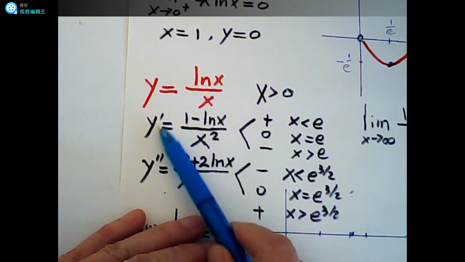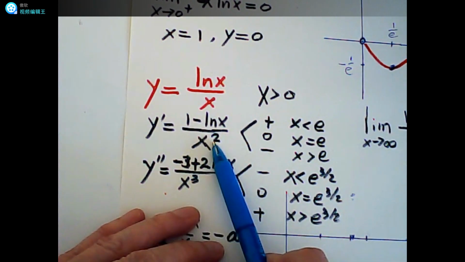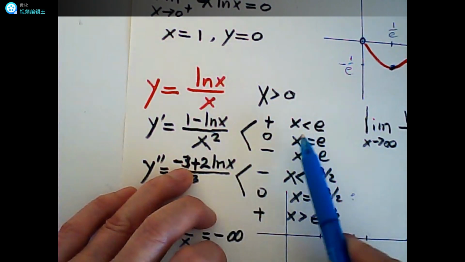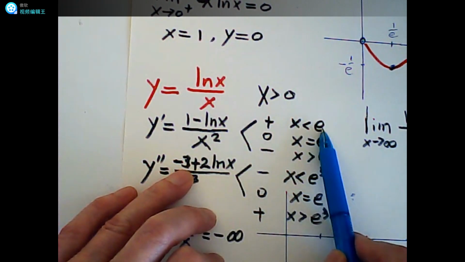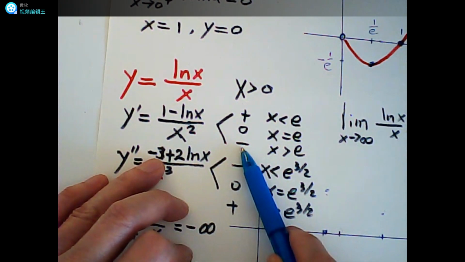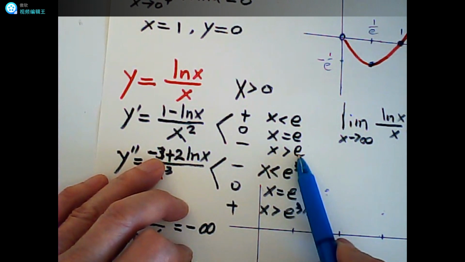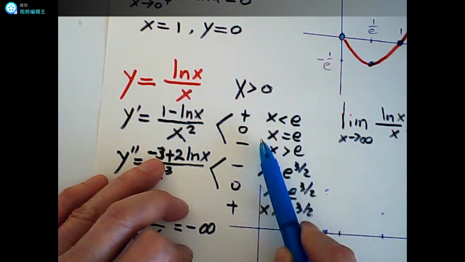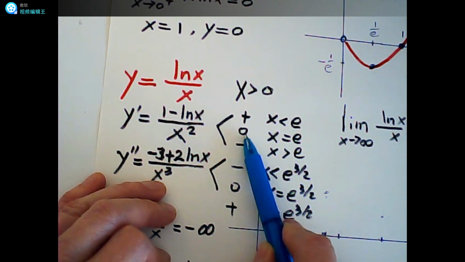Now then, the first derivative: quotient rule. After simplifying, you get this function as the first derivative, from which we know that it is positive when x is less than e. This is negative if x is greater than e. At x equal to e, this will be 0. So obviously, this will be our maximum.